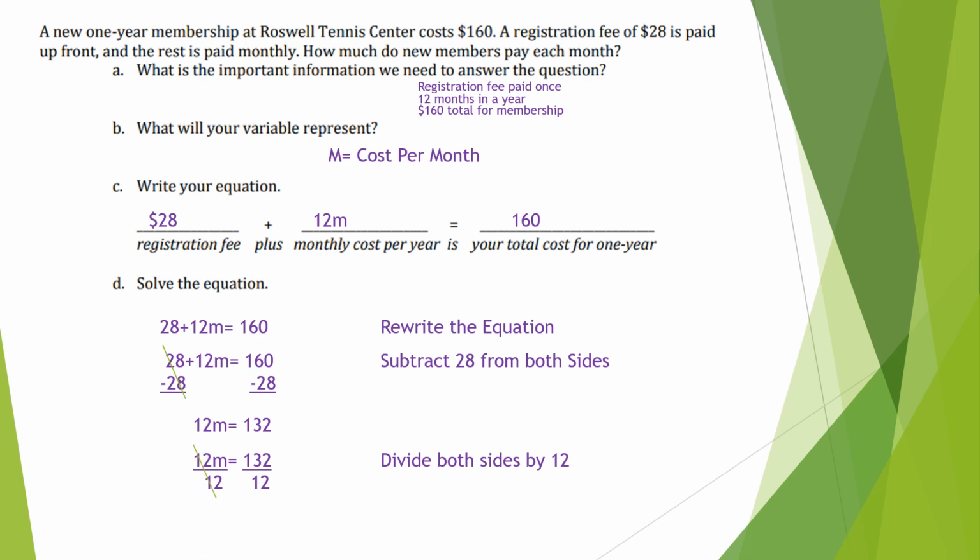Remember, we don't usually write the 1 beside a variable. We just leave the variable by itself. So we have M equals, and then 132 divided by 12 does give me 11. So our question there is, how much do new members pay each month? They pay $11.